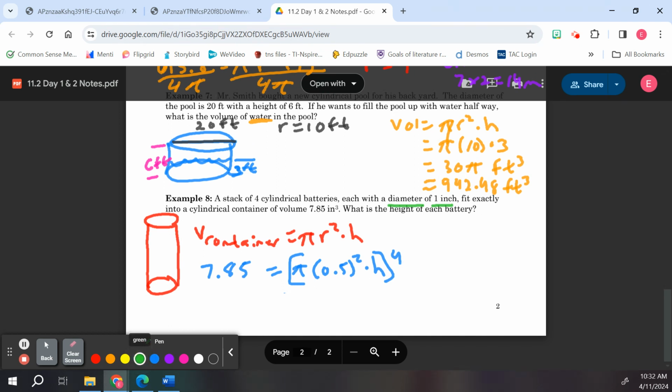So the first thing we're going to do is divide both sides by 4. 7.85 divided by 4, I've got 1.9625 equals, I still have pi, and this is going to be 0.25 times h. Now I'm going to take this and divide both sides by the 0.25 pi.